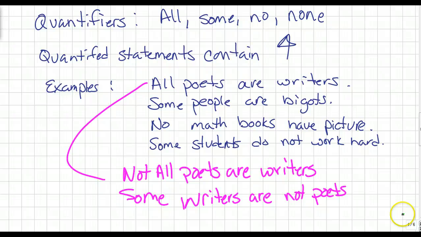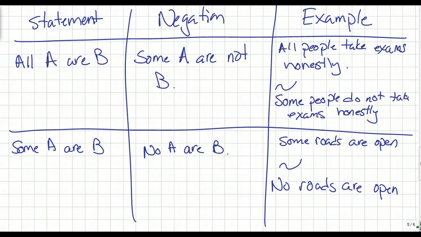Okay, so I have this little chart. I want you guys to copy down on the next page. Here's a statement. All A are B. Okay, the negation of that statement is some A are not B. All you need is one or two people to make it a some, right?